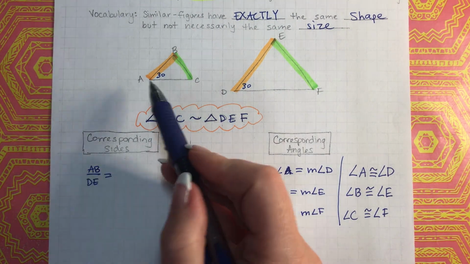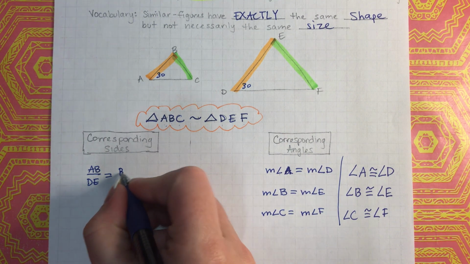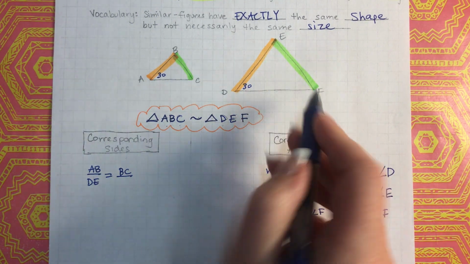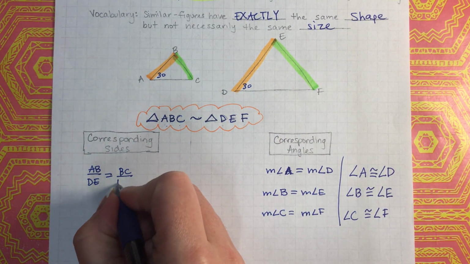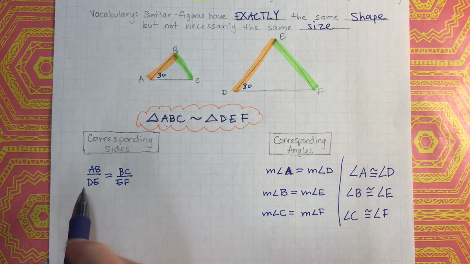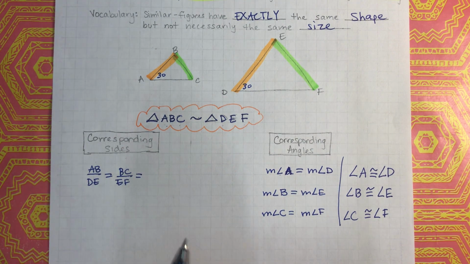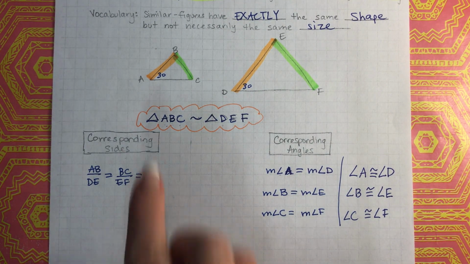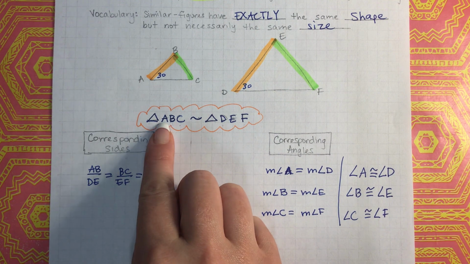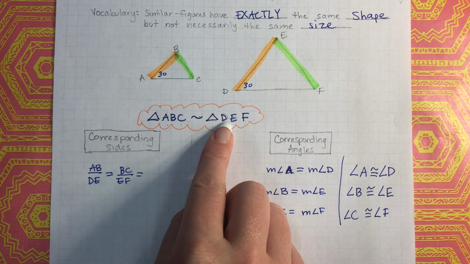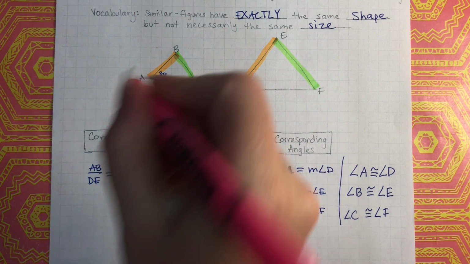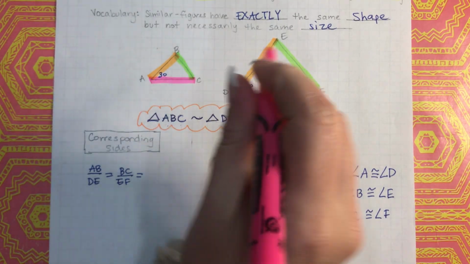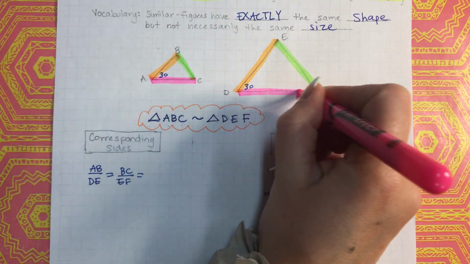So BC is corresponding to EF. And the ratio between corresponding sides is the same. And then there's one more, and it is the first and the third. So AC, and then the first and the third here, DF. So AC is corresponding to DF.